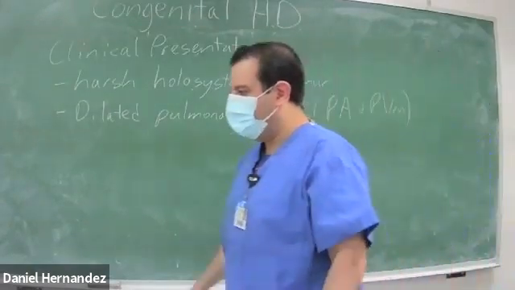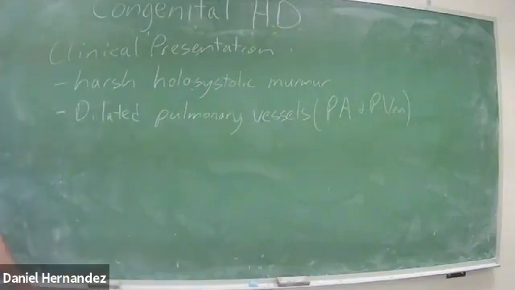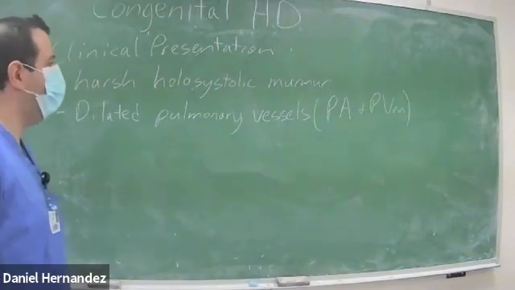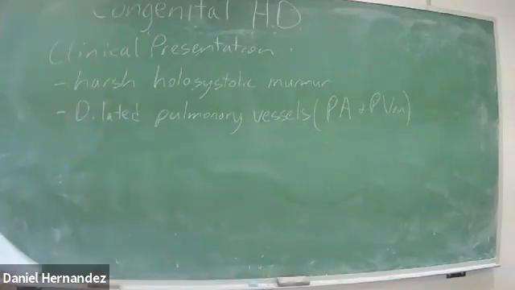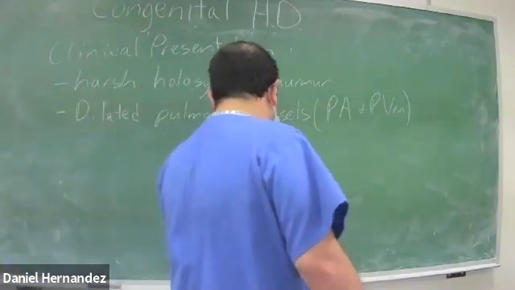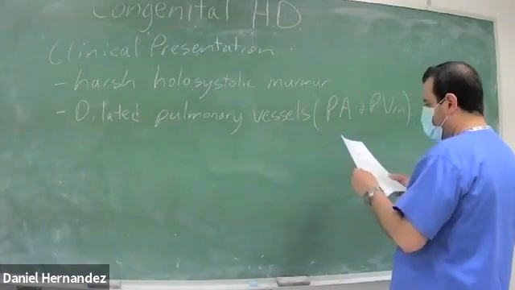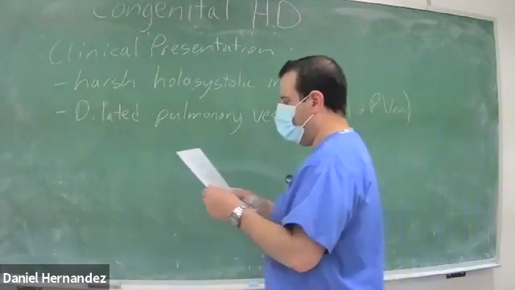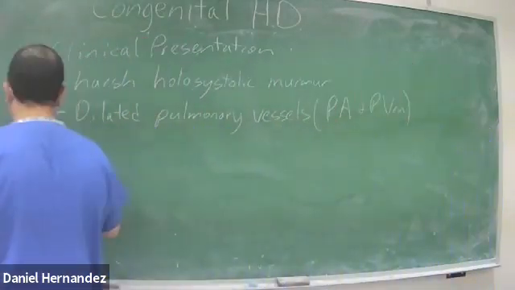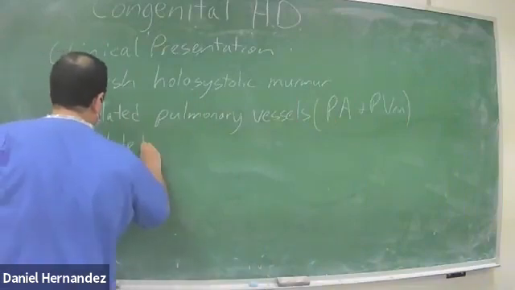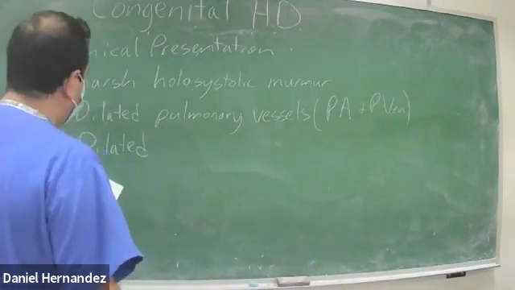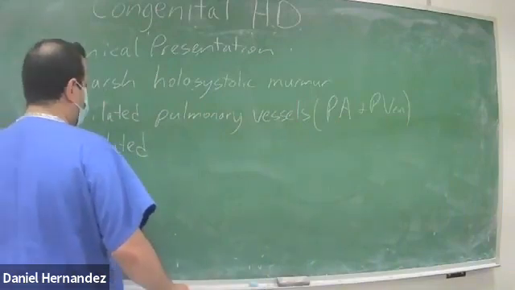Now you have a lot of blood flow being shunted across the septum into the right ventricle, directly into the pulmonary artery. So it's going to dilate the pulmonary artery, as well as dilate the pulmonary veins, because you now have increased blood flow into the lungs. So the veins are going to dilate as well. You now have a volume overload, that blood flow circulating back.